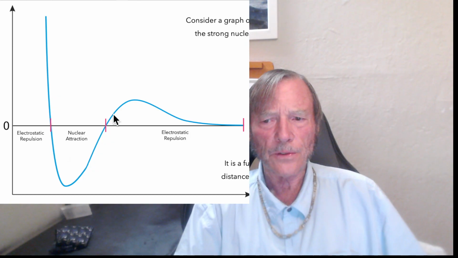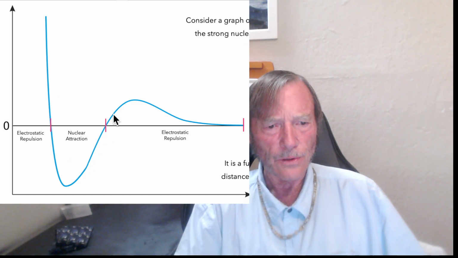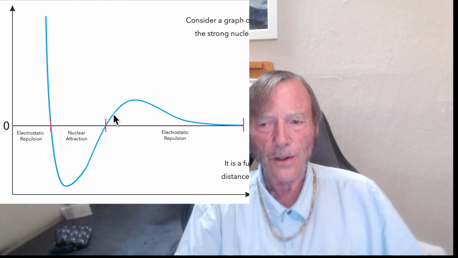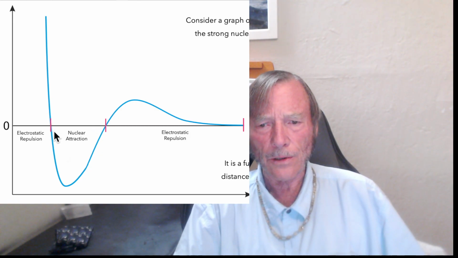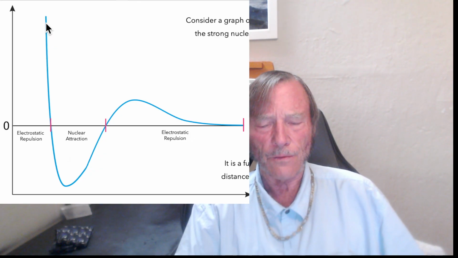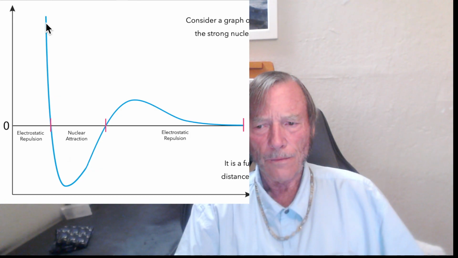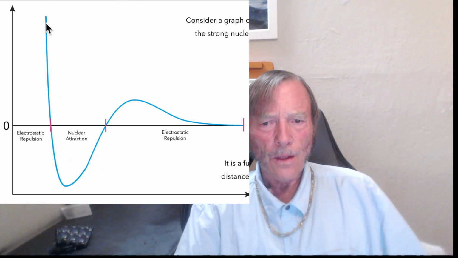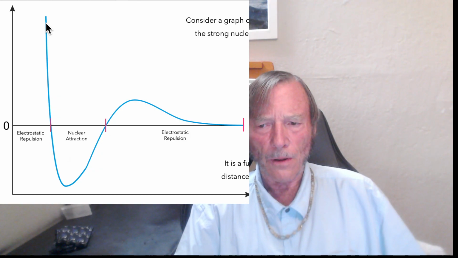Now, on all curves of this nature, which diagram a relationship inside the atom, the final curve, that is the one that goes asymptotic here, you see, that is an asymptotic curve to an invisible straight line, that is always repulsive.